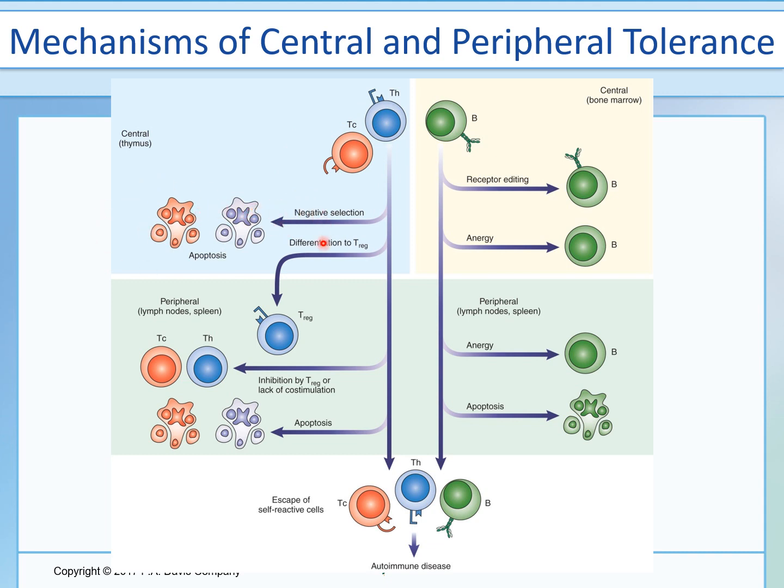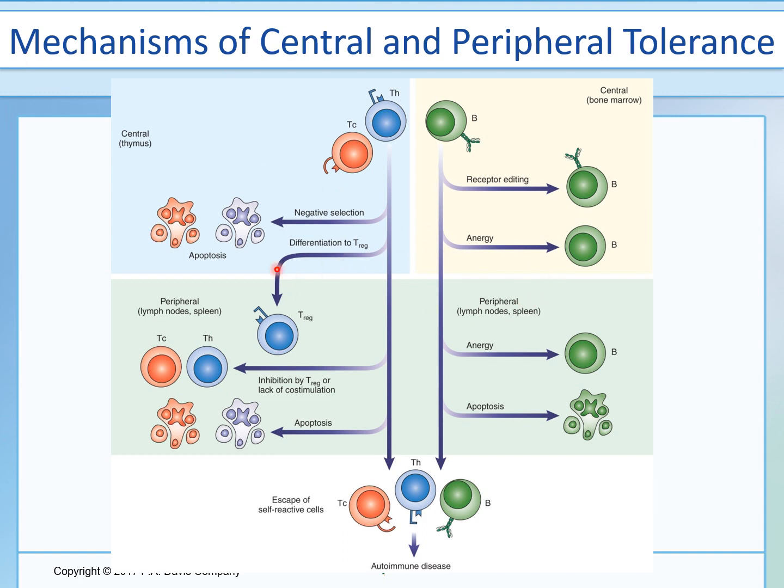Alternately, they can then differentiate into T regulator cells that inhibit immune response to self-antigens. If B cells possess B cell receptors that bind strongly to self-antigen in the bone marrow, they are deleted by apoptosis in a process known as negative selection, which we discussed previously. Alternately, they can edit their receptors so they're no longer antigen-specific or downregulate expression of the receptors to become unresponsive to antigen.